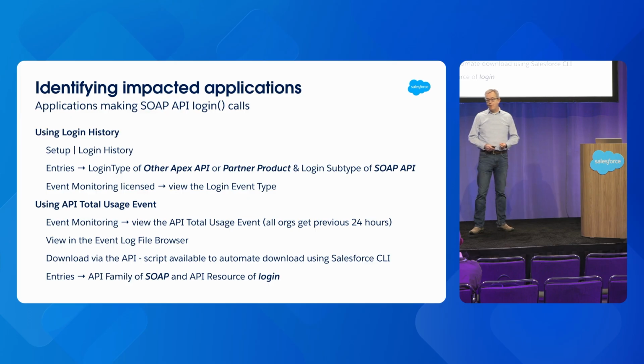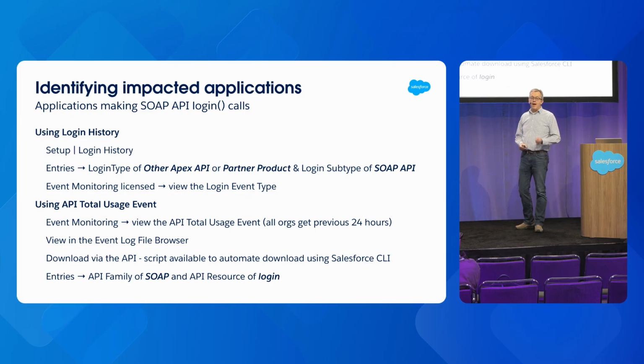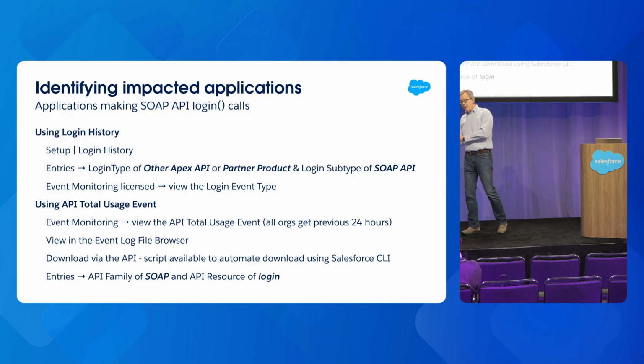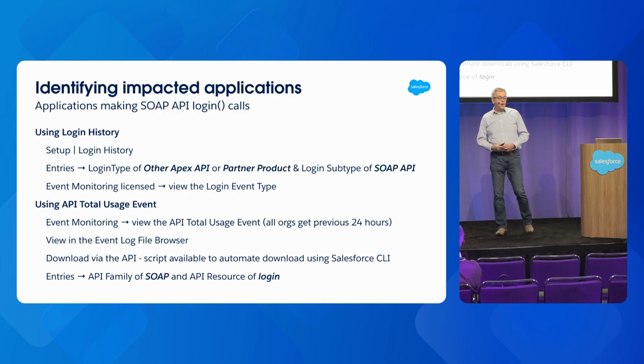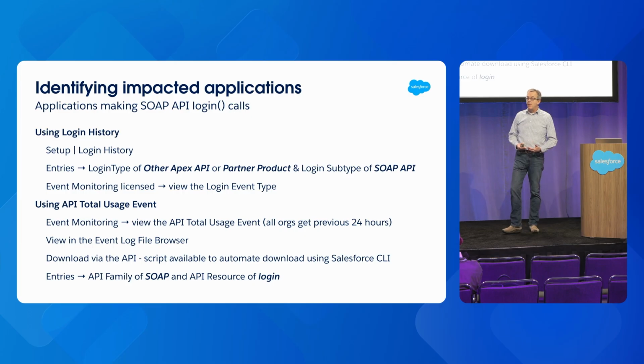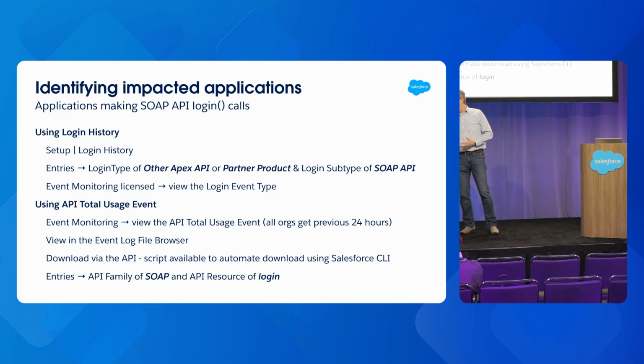And what you are looking for are the entries with the login type of Other Apex API or Partner Product, and a login subtype of SOAP API. That will indicate that those are logging in with SOAP API login, and it will also list the users. And because there isn't an explicit application identity, it won't identify the application, but then you can contact those users to understand what application they are using.